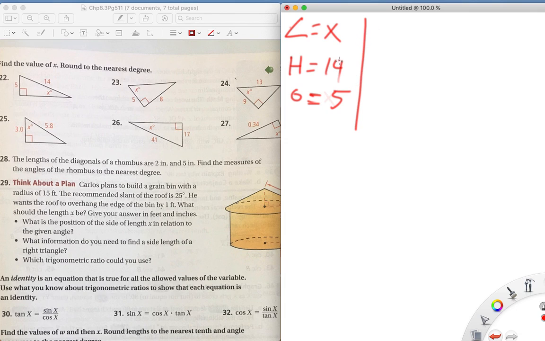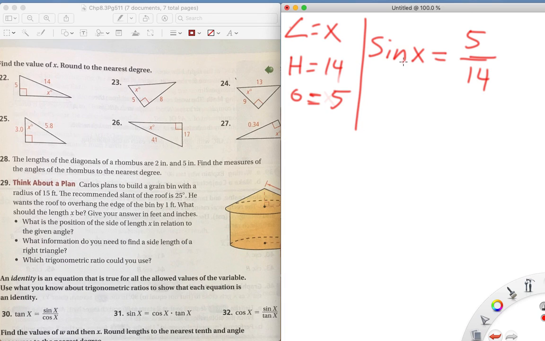Opposite, hypotenuse, that tells me from SOHCAHTOA I'm dealing with sine, so sine of x is equal to opposite, which is 5, over hypotenuse. Opposite over hypotenuse.